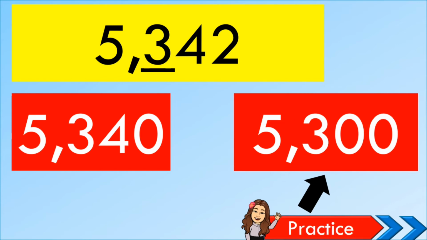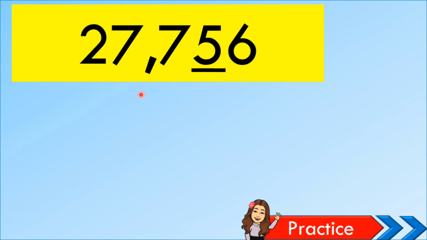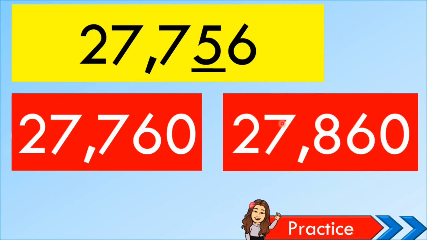Let us have the next number. Read the number. 27,756. Let us take a look at the underlined digit, which is 5. So, what do you think is the correct answer for this number? Is it 27,760 or 27,860?